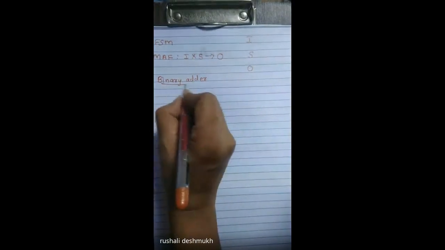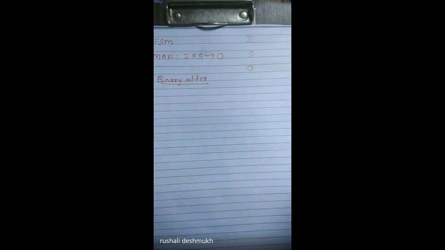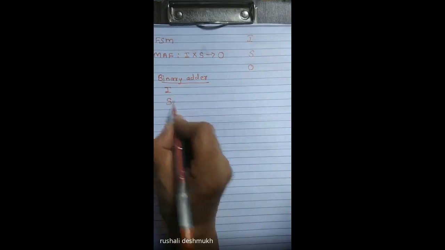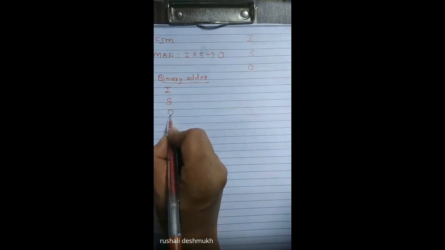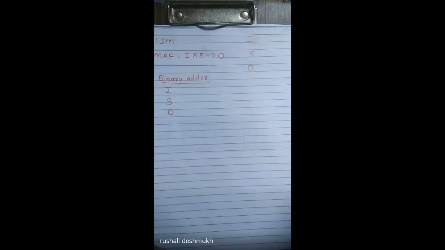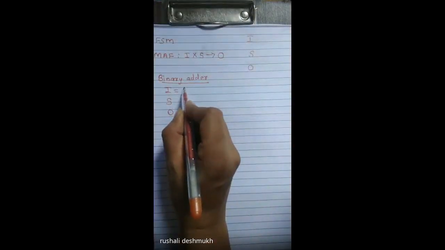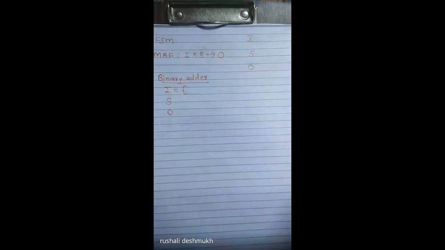Before you start designing this, you have to consider what will be your input set, what will be your S, and what will be your O. So what will be your input set? Can anybody tell me what will be there in the input set for a binary adder?